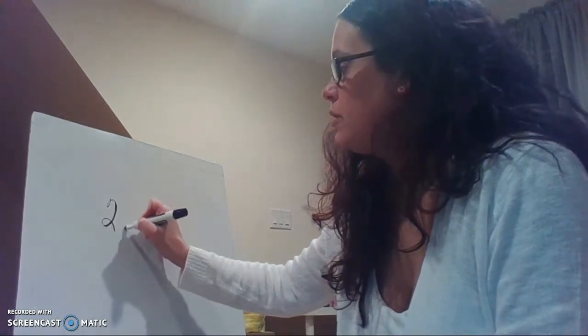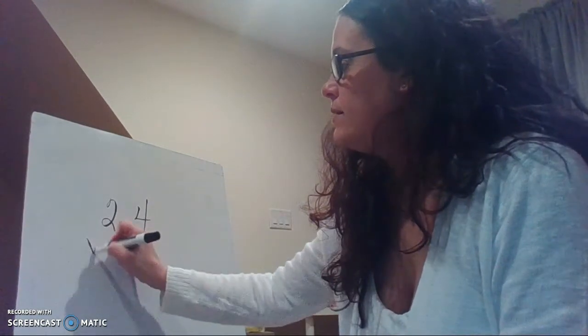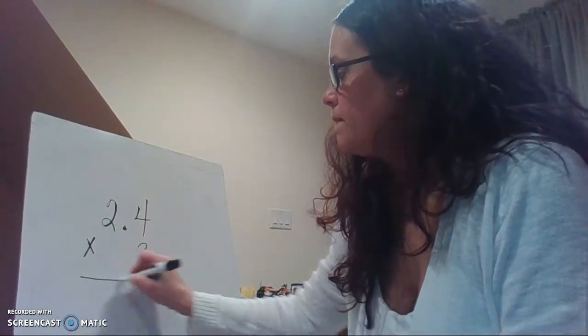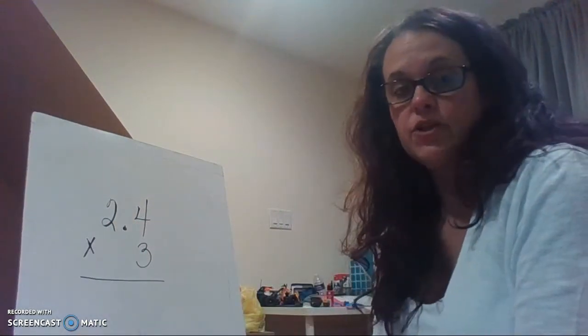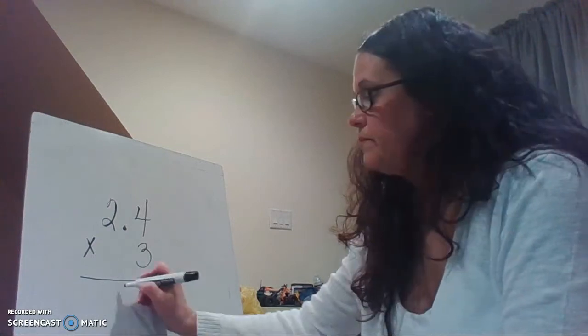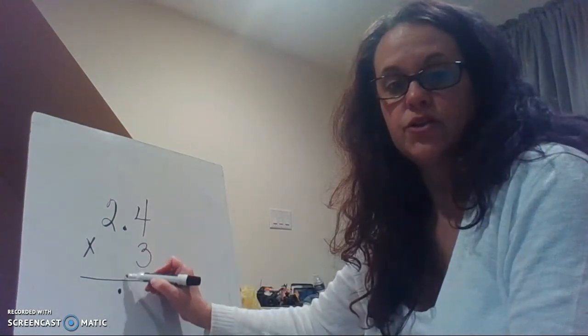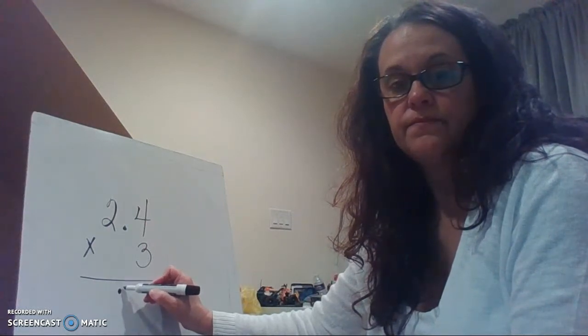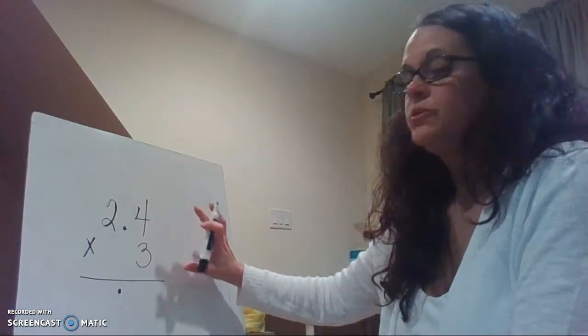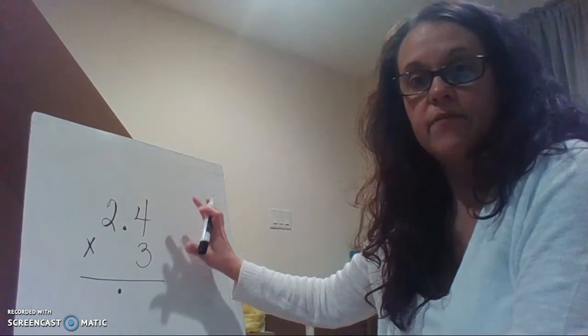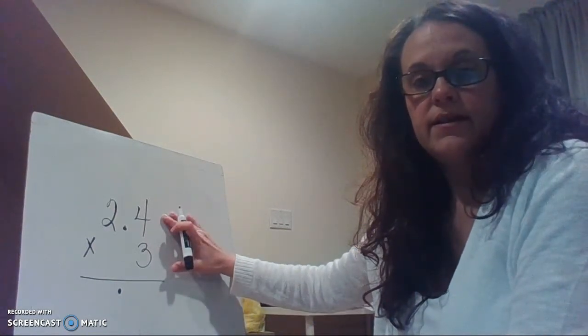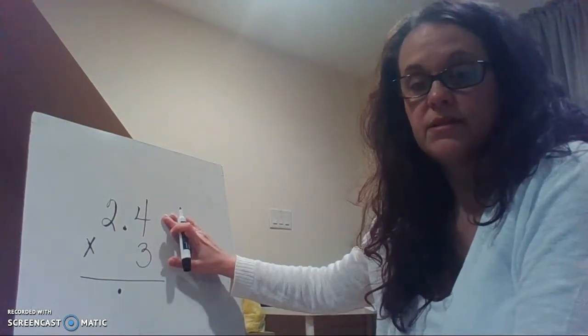So let's just get started with a quick review. We're going to start with 2 4/10 times 3. The first thing we do is we line up our decimal. So you'll see that my decimal is here, and I lined it straight down to here. I'm going to start with the smallest column I have, like I've always done. In this instance, it's 4/10, that's my smallest column.